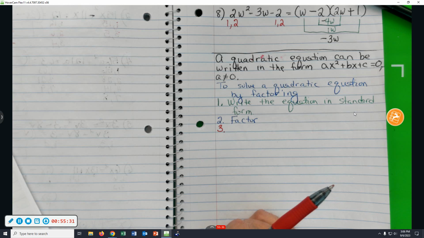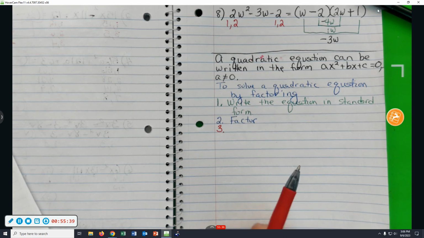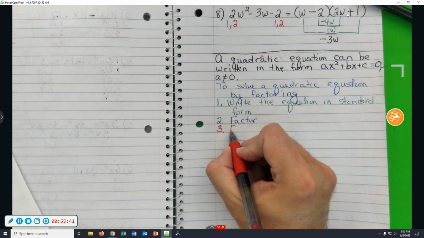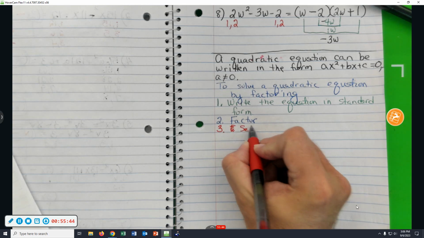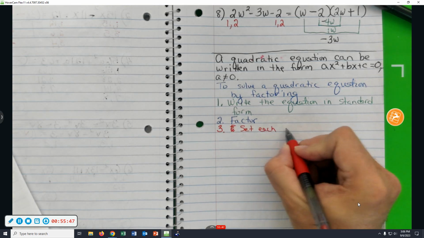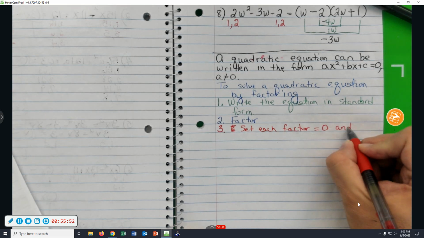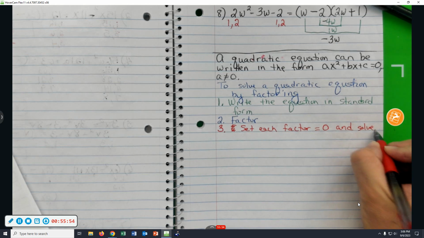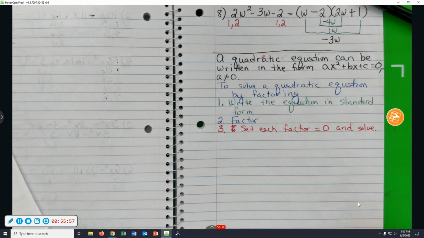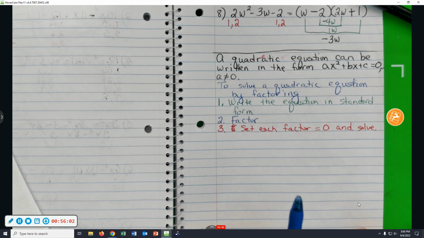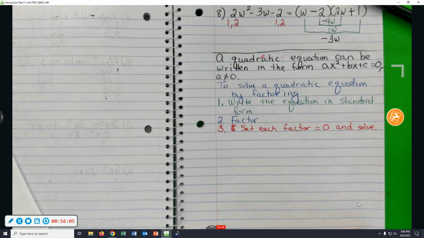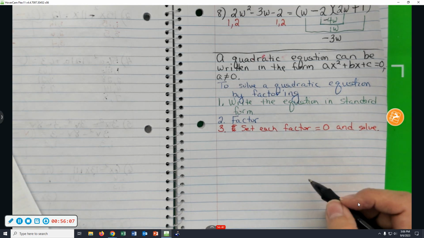When you factor it, you're going to have something times something equals 0, and the only way that can happen is for one or more of the factors to be 0. So set each factor equal to 0 and solve. We're going to go from a quadratic equation to 2 little linear equations, and we'll be solving linear equations. It sounds worse than it is. Once you get the factoring done, the rest of it is easy.